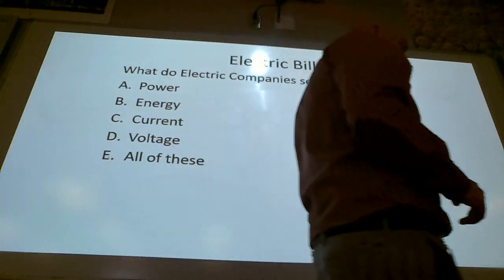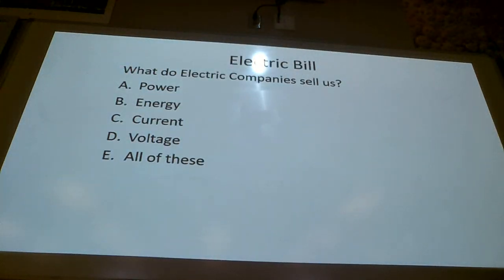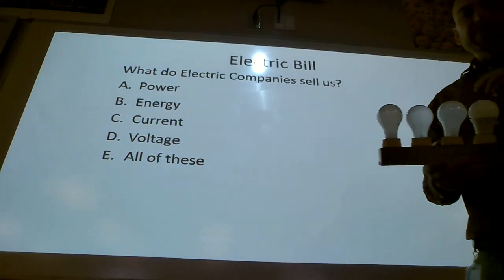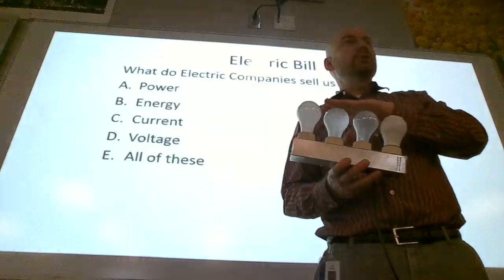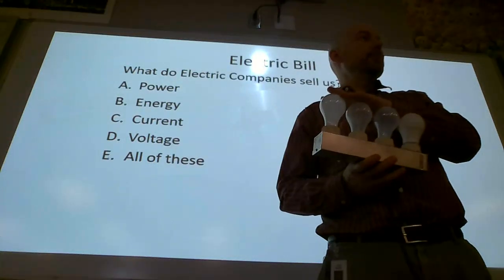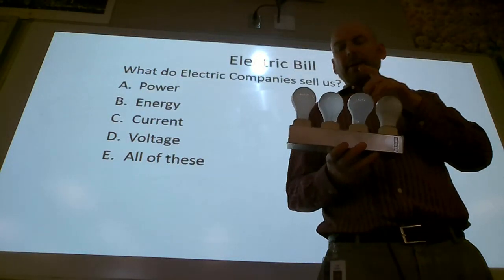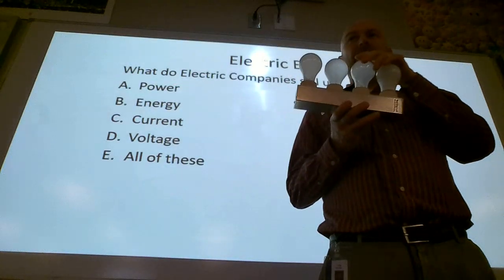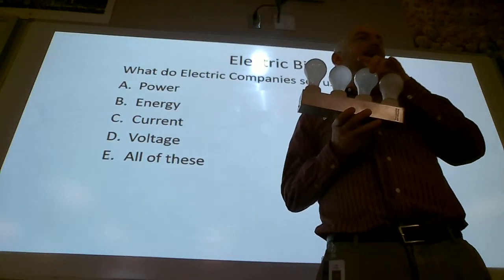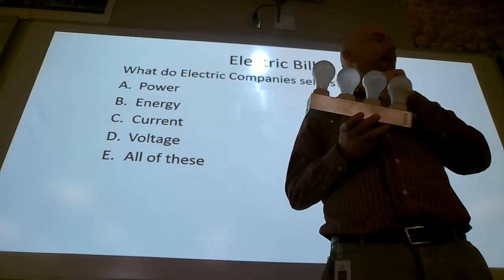Okay. So lastly, what I want to talk about, these light bulbs here, old school incandescent light bulbs. They are filled with some inert gas, something that's not flammable. Like they take away the oxygen.